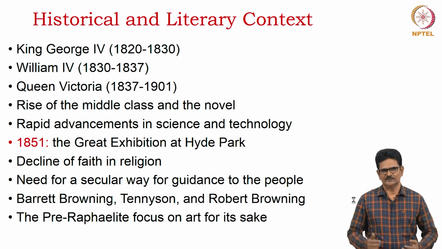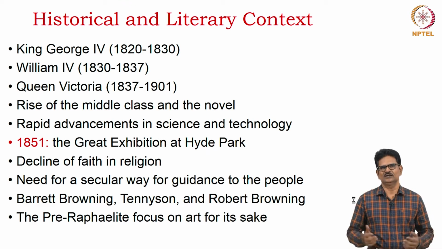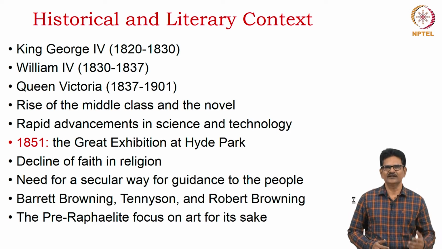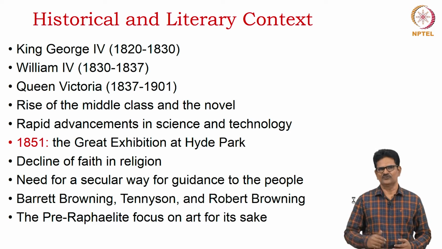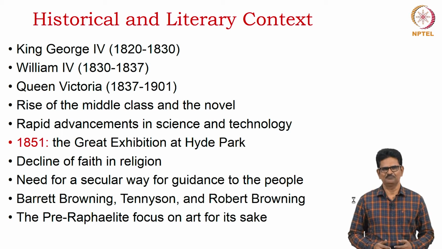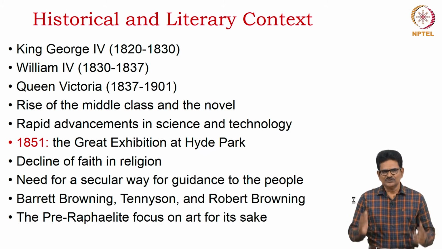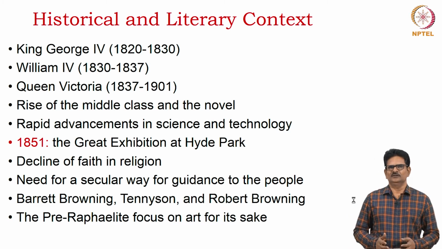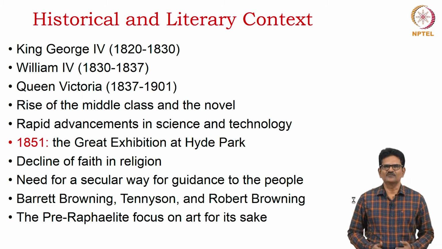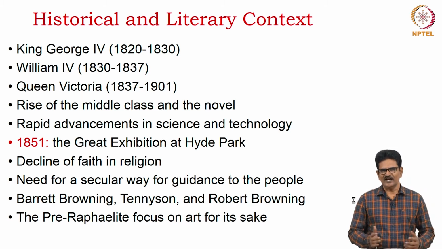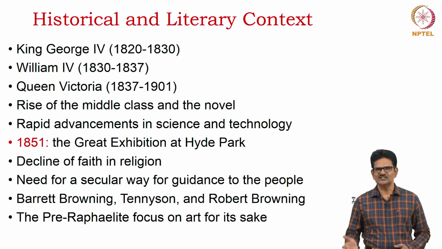Three monarchs ruled this British land at this time: King George IV, William IV and Queen Victoria. During this period, we find the rapid rise of the middle class in society and the novel in literature.